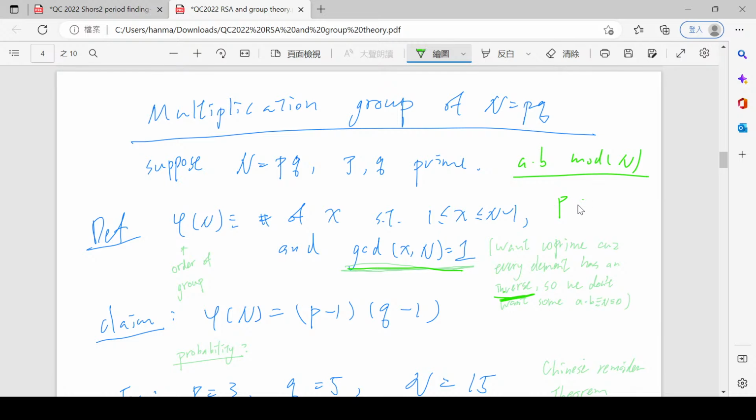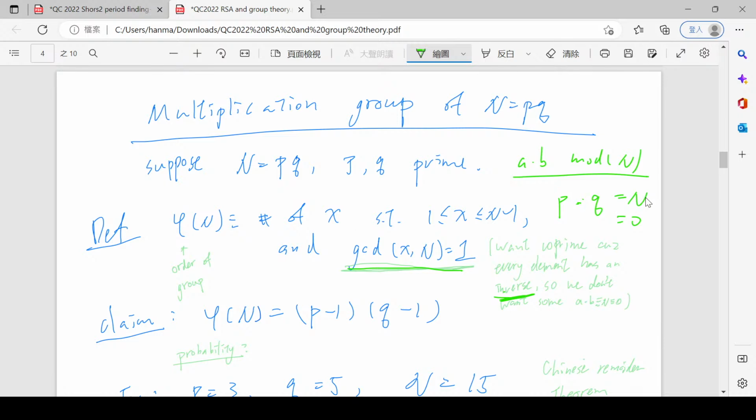If you have p and q inside your group, then p times q equals n, which equals 0, but 0 doesn't really have an inverse in multiplication.